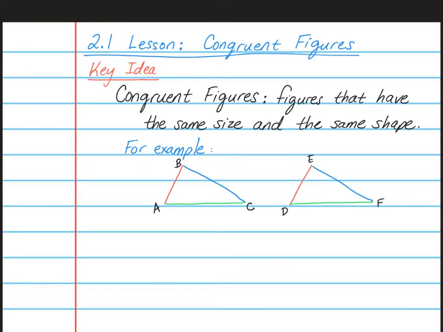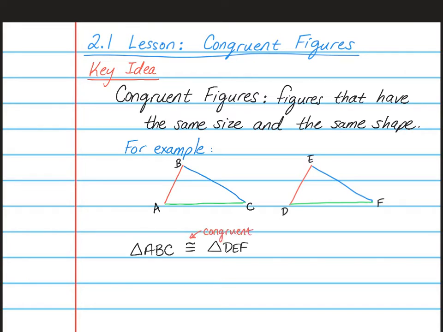One thing I could say is that triangle ABC is congruent, and the congruent symbol looks like an equal sign with a little tilde on top of it, to triangle DEF. And once again, this symbol means congruent.